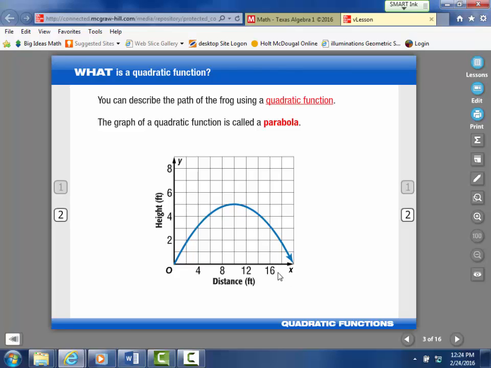Now the range is a little bit different this time because you see how this one's going to stop? We're not going to go any higher than 5. Even if we have arrows here and it's going down forever and ever, the range is going to have a limit. And that's going to be either a maximum point or a minimum if the parabola turns the other way.